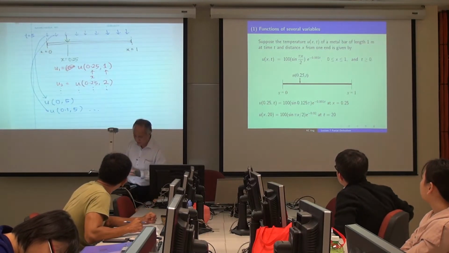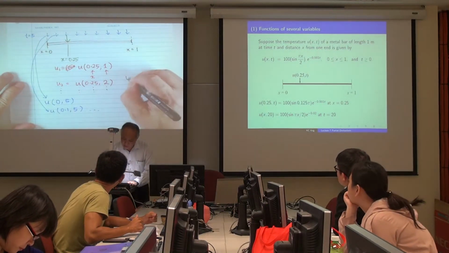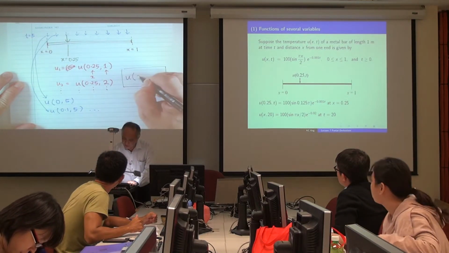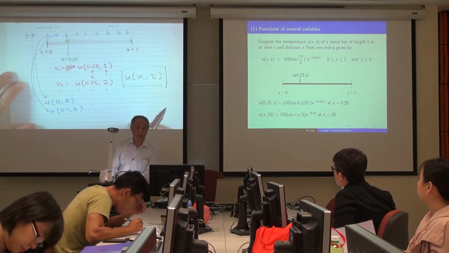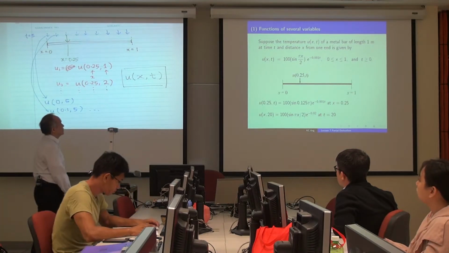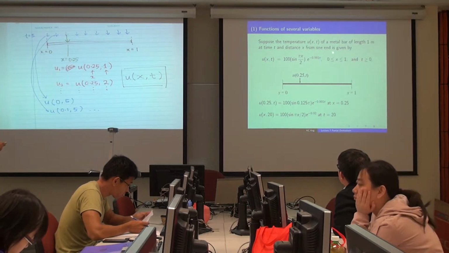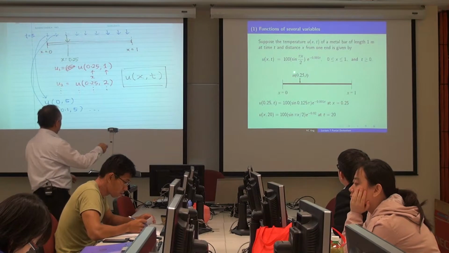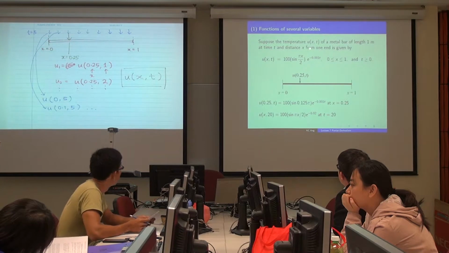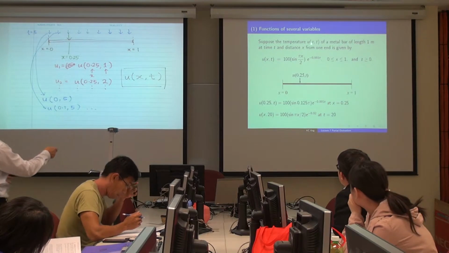In other words, to represent the temperature of this metal bar, we need an expression in terms of its position and the time at which the measurement is taken. If we use U to represent the temperature of the metal bar at any position x and at any time t, then we write U(x, t). That is the dependent variable U in terms of the two independent variables x and t.